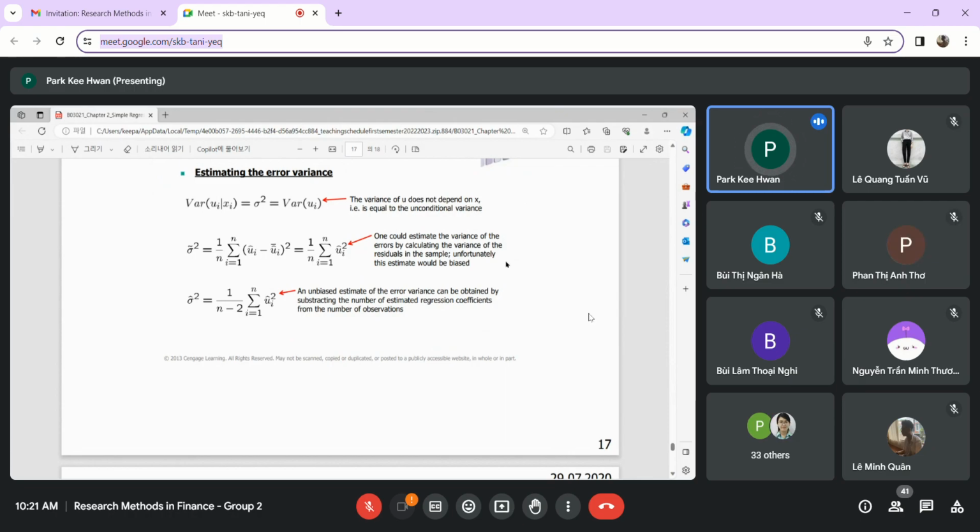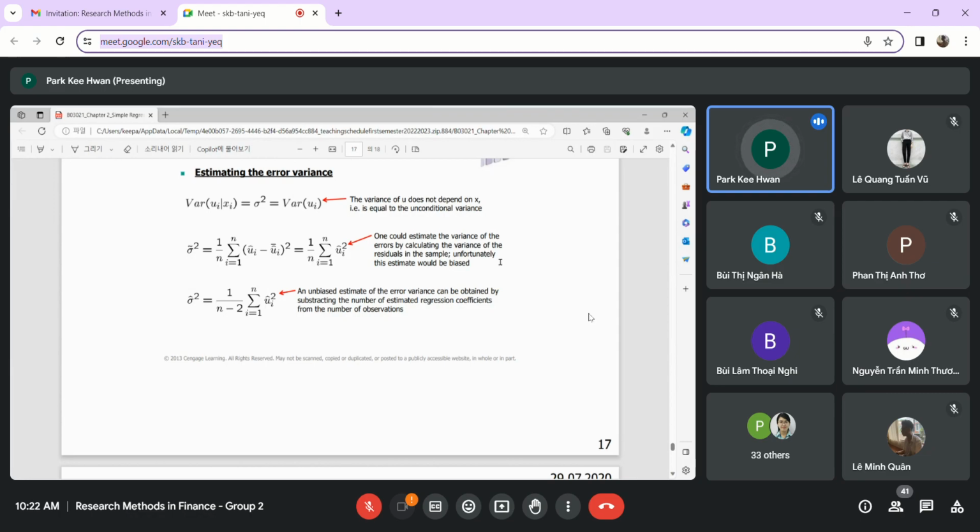So the residual tells you how much your regression over predicts or under predicts.